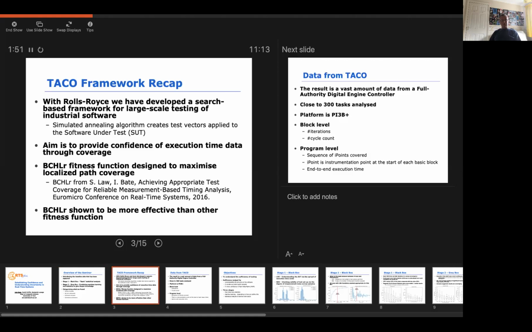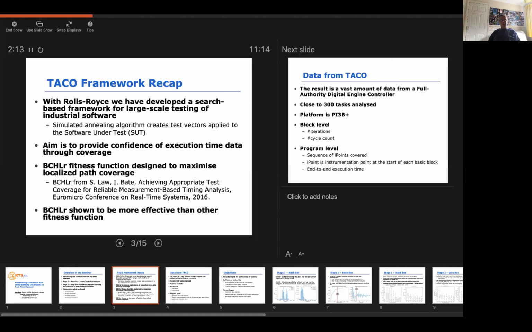The premise of that work has been that the data is gathered and then would be fed into things like RapidTime. The aim of the simulated annealing algorithm, and in particular the fitness function, is to provide confidence of execution time data through coverage. So it has been aimed at maximizing local path coverage in order to give us the best possible confidence.